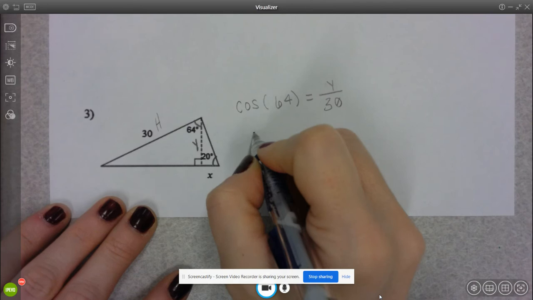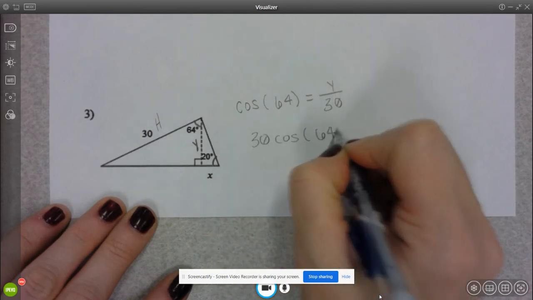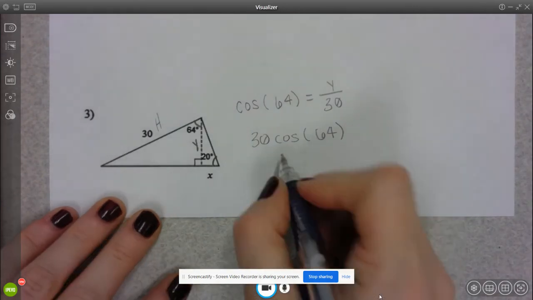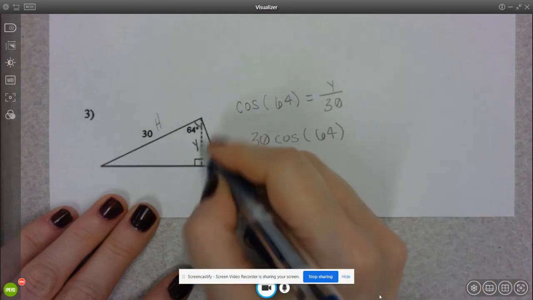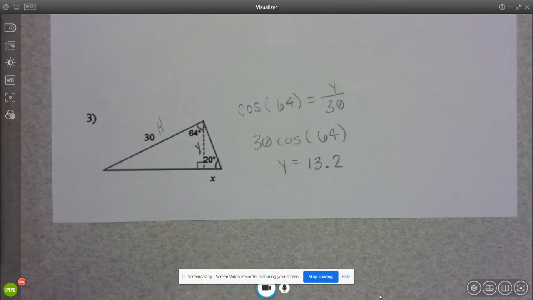So in our calculator, we're going to put 30 cosine of 64. And that tells me that our altitude, or our vertical line here that's shared, is 13.2.